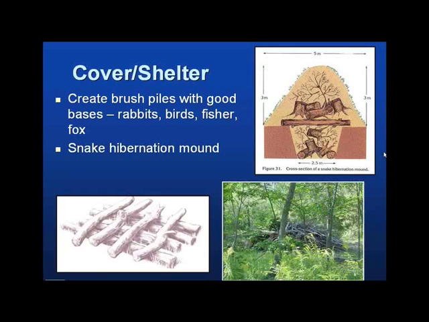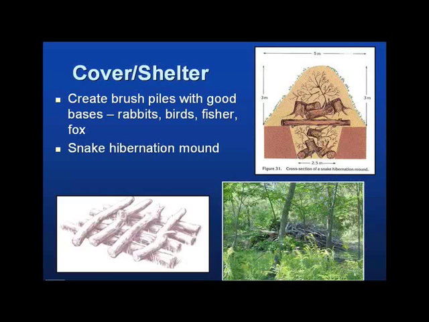Other things you can do for cover and shelter, the brush piles. The key to building a good brush pile is to start with a good base. So instead of just throwing the limbs and the tops of the trees in a pile, and then over a couple of years they start to break down, and pretty soon you just have a big pile of crushed twigs and branches, but there's no spaces in the bottom, or an animal couldn't really move around in there very well.